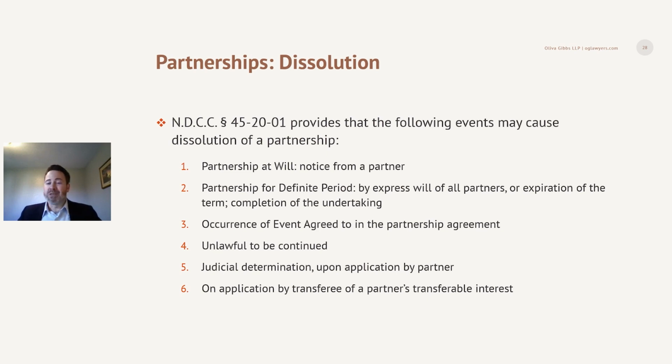If the partnership's business or some other facet of that partnership is no longer lawful, then dissolution may be triggered. One of the partners can apply to the courts for a judicial determination, dissolving the partnership, or in the case of a transferable interest, if that partnership allows it, a new transferee could apply to have that partnership dissolved. So there's several ways in which the partnership can dissolve.